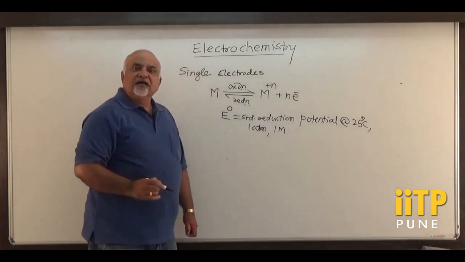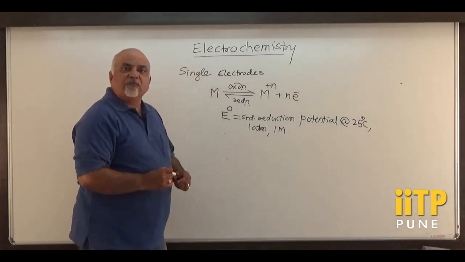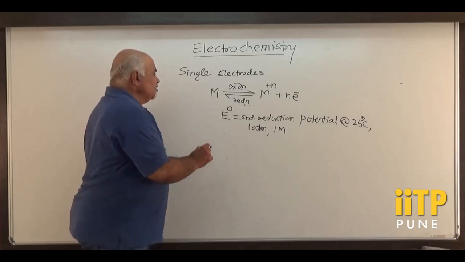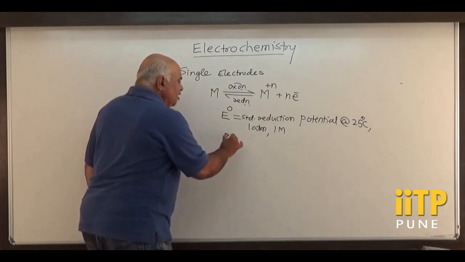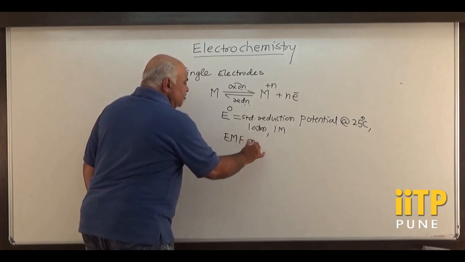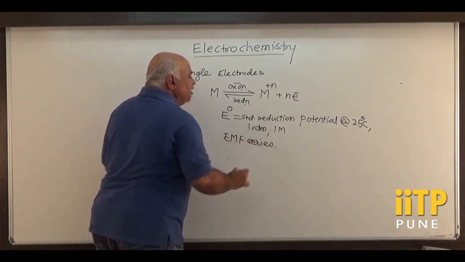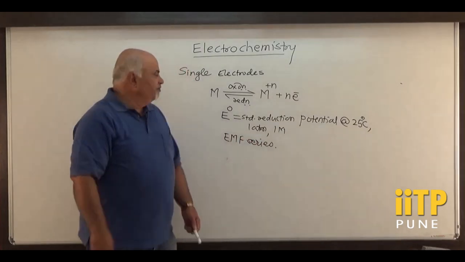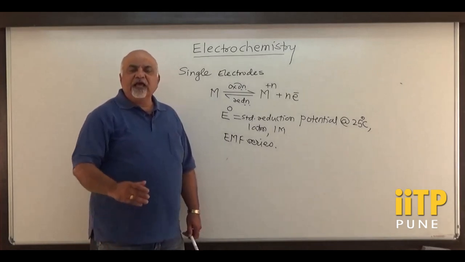This is actually listed in the form of a big table or chart or collection called the EMF series. This series is available in every chemistry textbook as data. EMF series, what do they have?